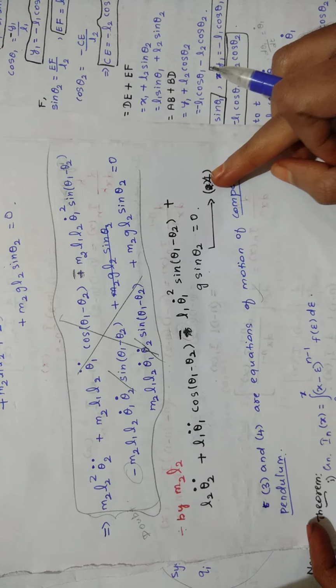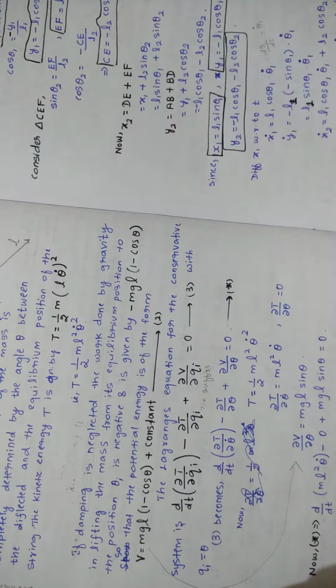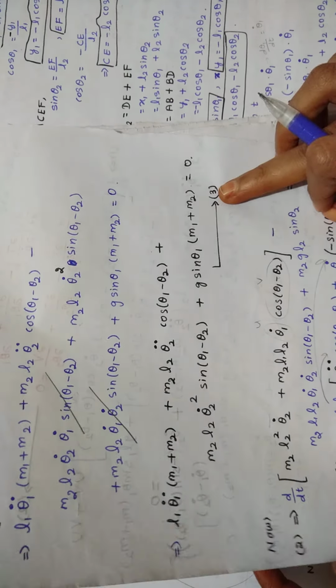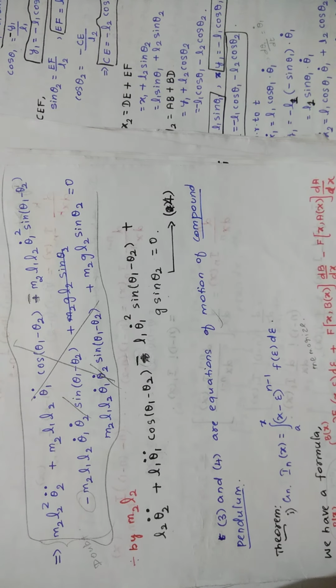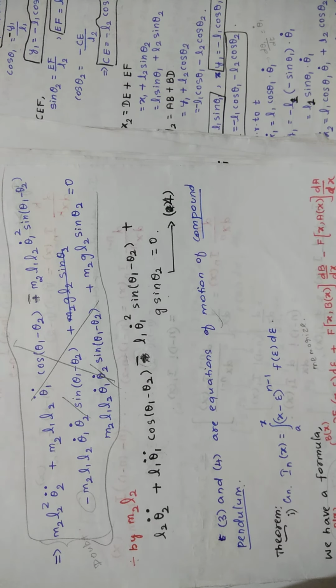So this is equation number 4, and this is equation number 3. These 3 and 4 are the equations of motion of the compound pendulum. So here this derivation comes to an end. Very huge, right? But this is simple but huge. Thank you.